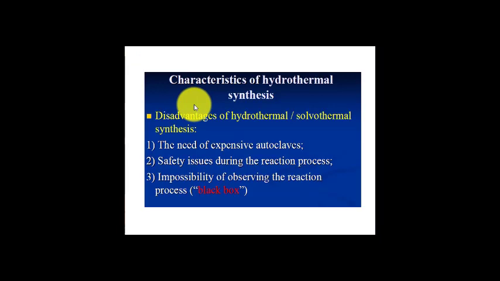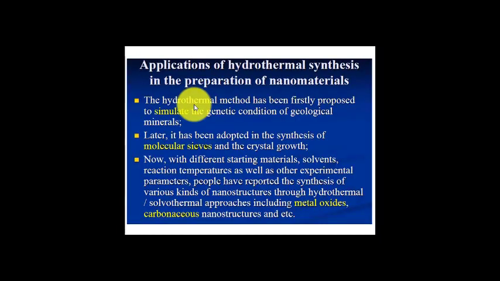Then here are some applications of hydrothermal synthesis in the preparation of nanomaterials. The hydrothermal method was first proposed to simulate the genetic conditions of geological minerals. Later it was adopted in the synthesis of molecular sieves, porous materials, and for crystal growth.